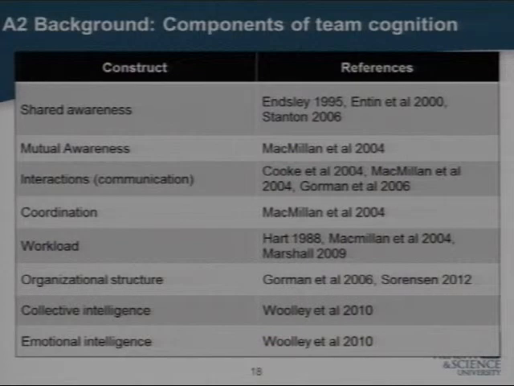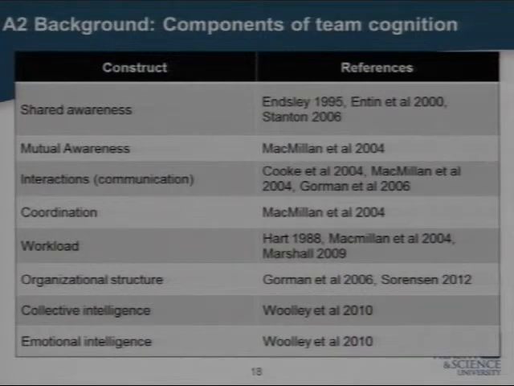Organizational structure refers to the topology, or how people are arranged both physically and organizationally within an environment. So you might have a hierarchy in which someone is a leader or a follower. And there are these two other factors, which I recently discovered from a paper in which Woolley et al. identified this phenomenon known as collective intelligence.